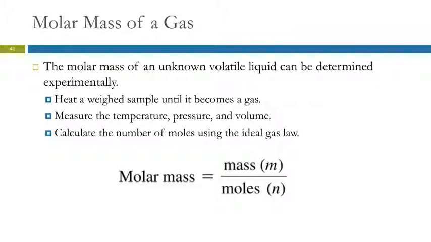If we know the mass of it, we can measure the temperature, the pressure, and the volume, and then we can calculate the moles using the ideal gas law. So we can find the moles, and then if we have the mass, molar mass is the mass of something divided by how many moles are in it. So you take the mass of the gas divided by the number of moles. You can calculate the molar mass.